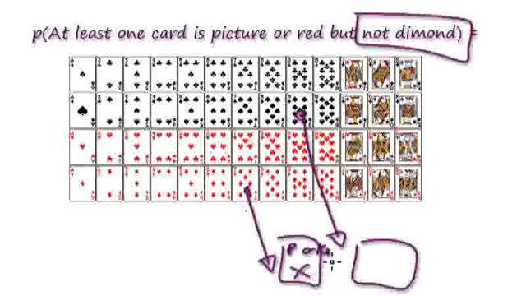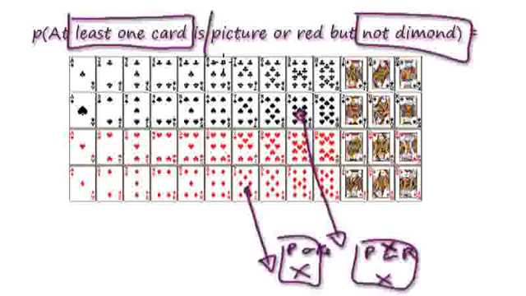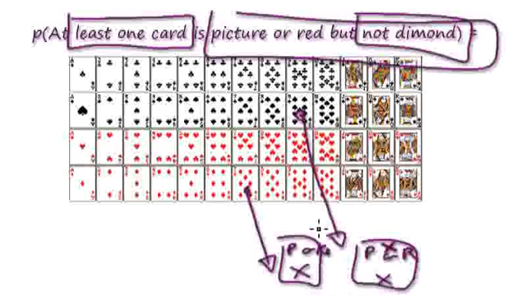Well, it's a diamond here, so this is no good. Okay, for the other card we require picture or a red card. Well, this is neither a picture card nor a red card, so already it's a bad outcome. So here is a bad outcome, and because we require at least one card satisfying this, well, we've got two bad cards. So overall here, this would be a bad outcome.